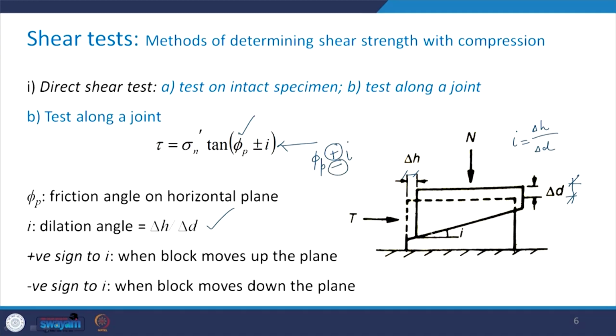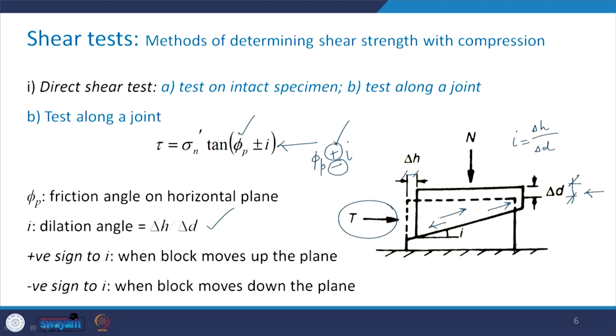So, when the block, that is this block which is sliding, moves up the plane, then we need to assign positive sign to I. Let us say instead of this direction of T from left to right, now it is from right to left. Then this block will start moving in this direction.